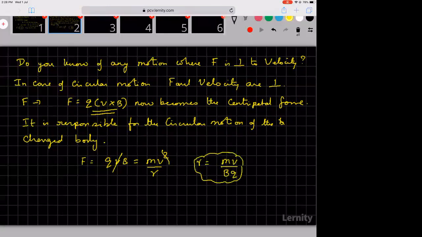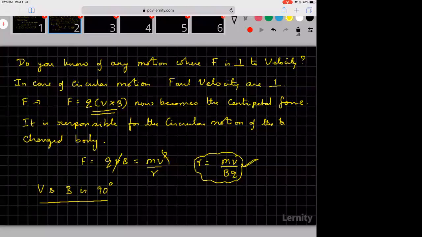So when a charged body is pushed into a magnetic field such that the angle between the velocity and magnetic field is 90 degrees, the charged body now starts moving in a circle, and the radius of the circle is equal to mv by bq.